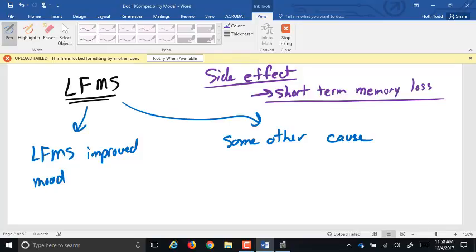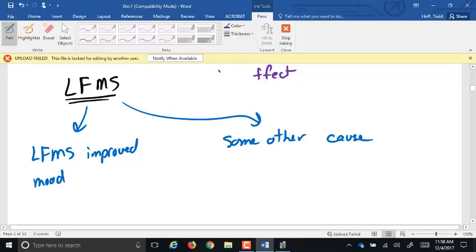Let me go back and take a peek here. Gotcha. They were talking about the electroshock therapy causing the short-term memory loss. So you are correct, that one doesn't come into effect there.